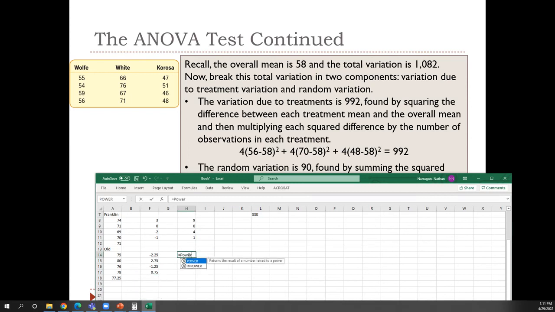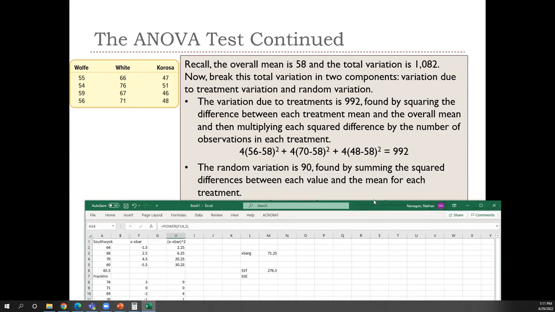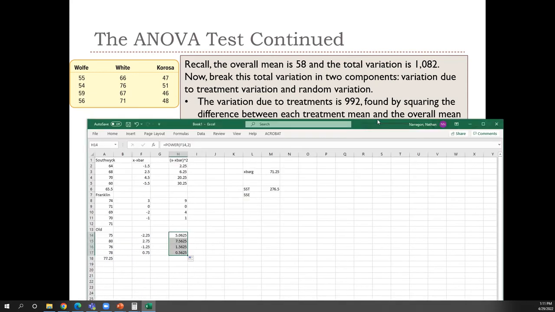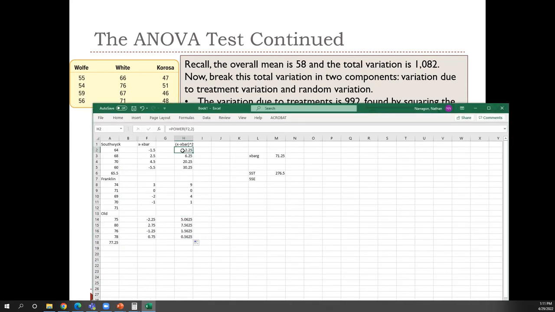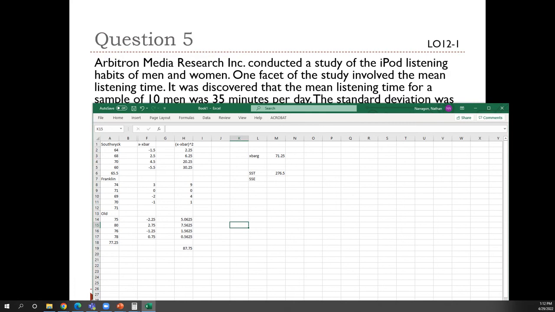But again, I'd rather you piece it out to understand what's going on instead of completely just relying on Excel. Okay. Next, we find the sum for all of them. So basically, all here, formulas, auto sum. So it ends up being about 87.75.